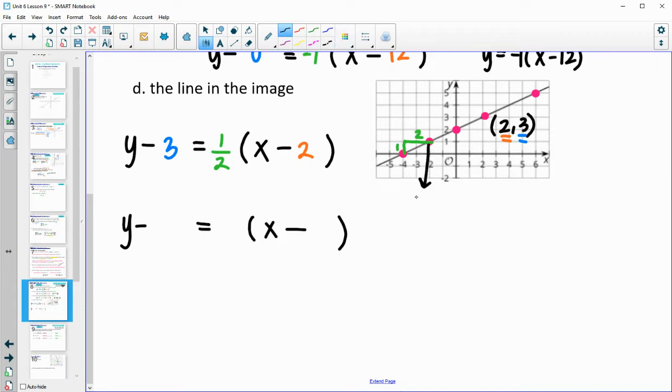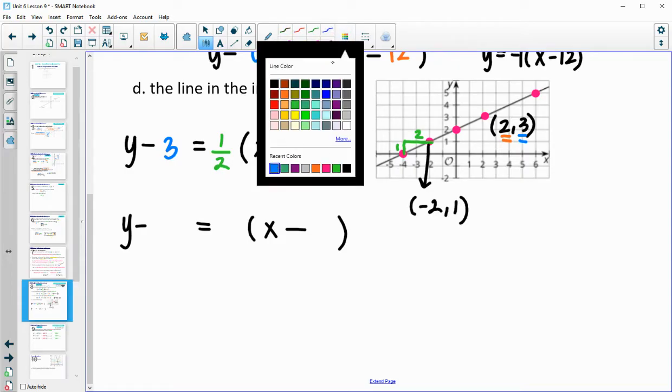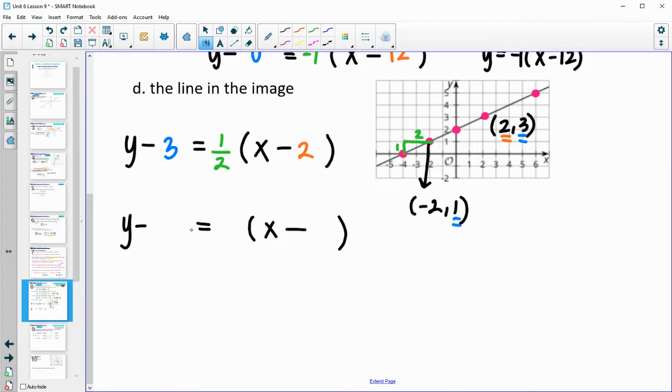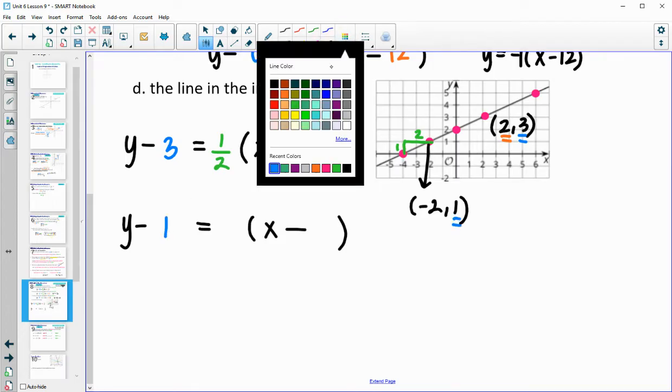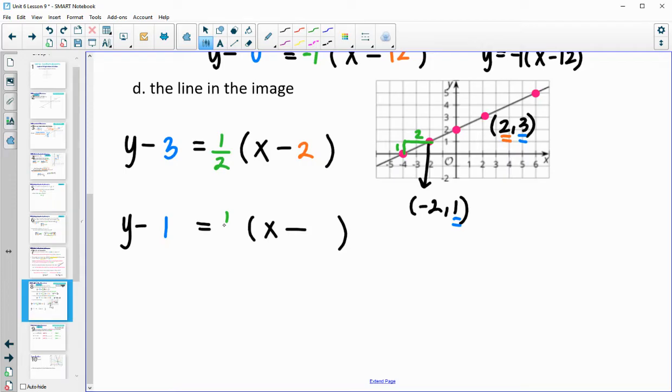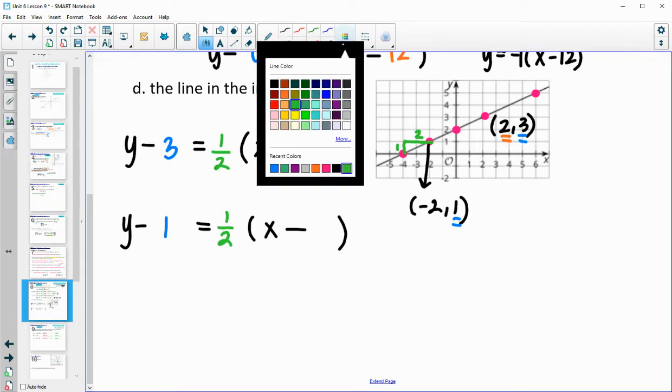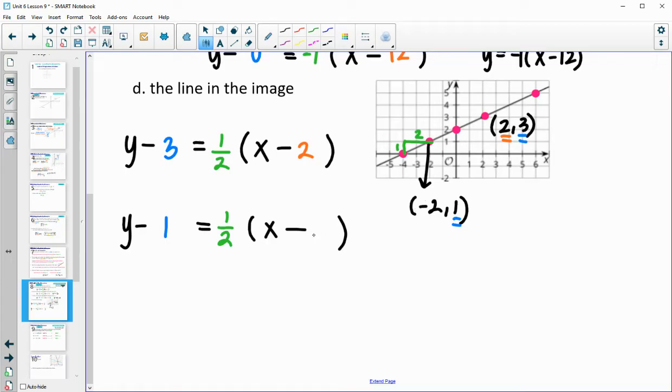So this point right here is -2, 1. So we will do y minus the y coordinate, so y minus 1. Slope of this line is still 1/2. And then we'll do x minus the x coordinate. And now the x coordinate is -2. So this equation would be y minus 1 equals 1/2 times x plus 2. You could have plugged in any of those 5 points.